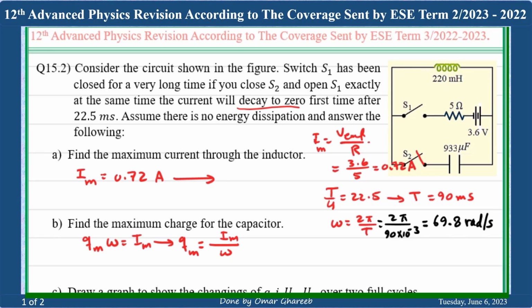We have I maximum from part A, 0.72 over omega, which is 69.8, and the answer is 0.0103 coulombs, rounded.